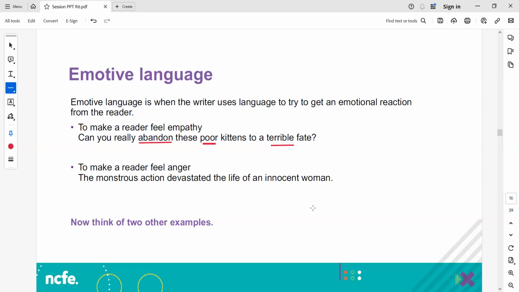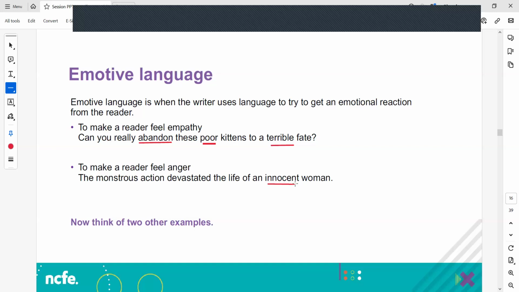And we've got another example there. To make a reader feel anger, the monstrous action devastated the life of an innocent woman. So what's the emotive language that we've used? Innocent. Good.